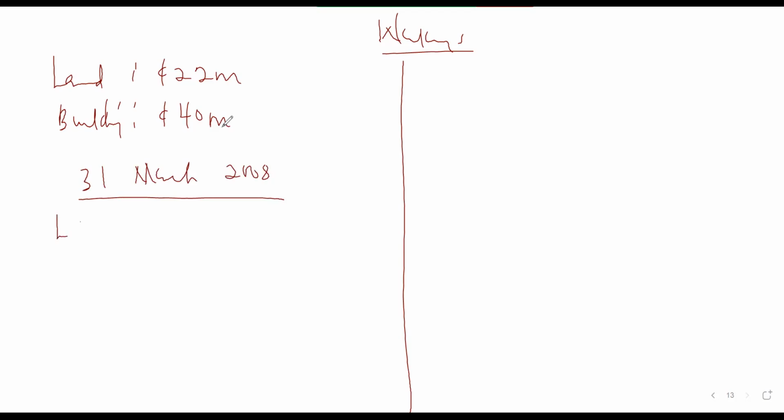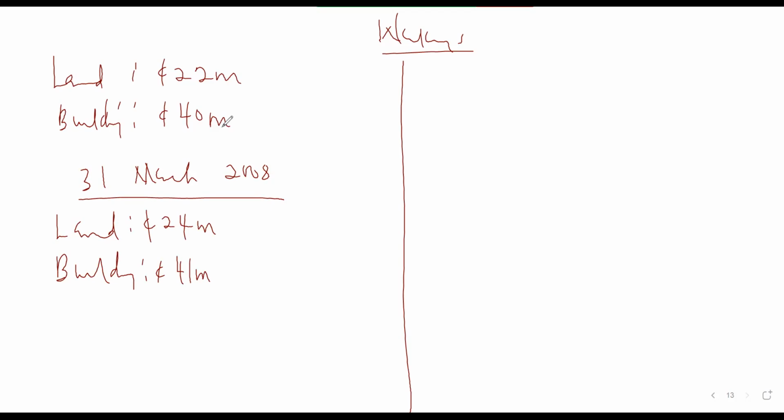The revalued amount for land is 24 million. Building is 41 million. Okay. The question is, what is the carrying value of these two assets as at 31st March 2018?